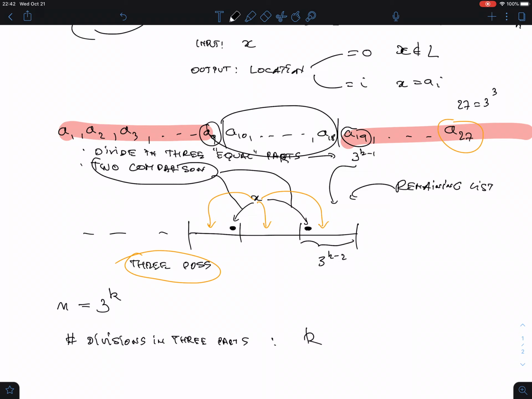Well, then it says here, you do 2 comparisons, and then you erase. In our scenario we said, okay, it was in the 3rd one, so we erase these 2, which just amounts to, if you remember how the algorithm works, adjusting these 2 endpoints. These 2 points kept track of where in the list you are, and so you say, okay, this guy now becomes this guy, and this stays where it is.